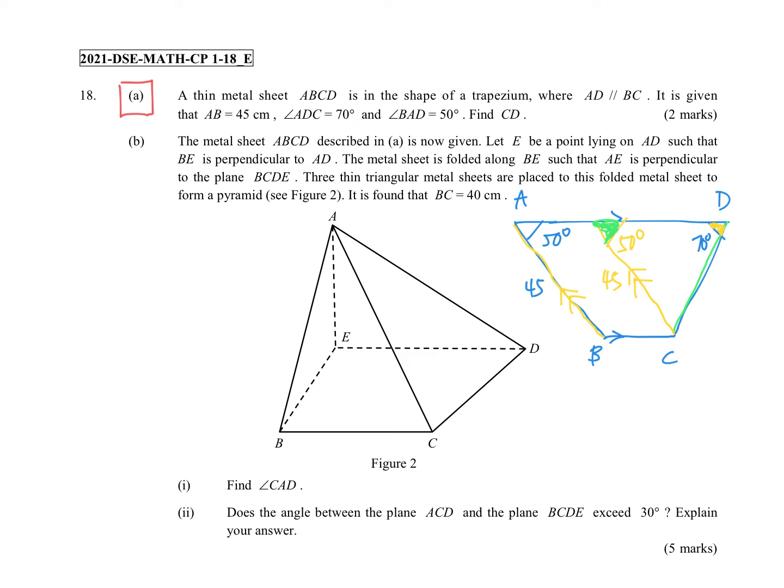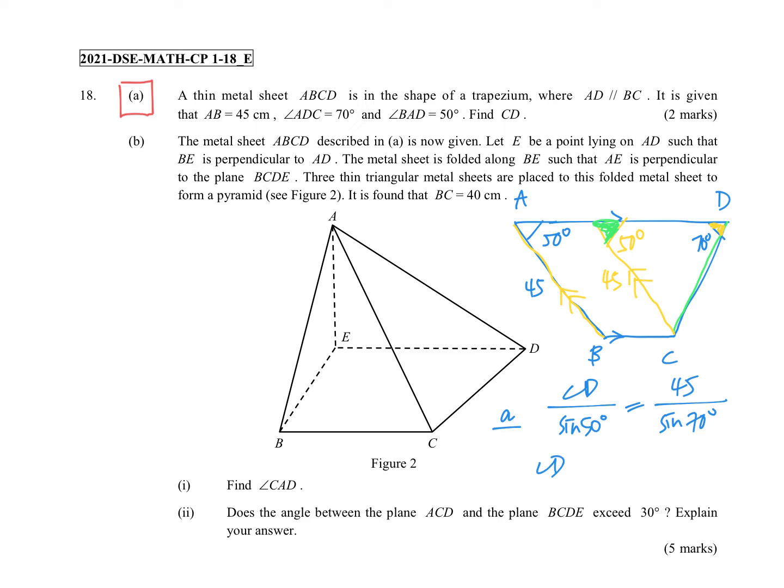So that's why here we'll try to use CD, because we want to find CD. So CD over sine 70, right? No, sine 50. CD over sine 50 equals 45 over sine 70.